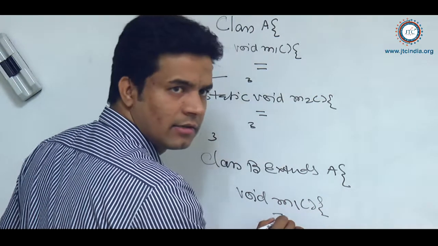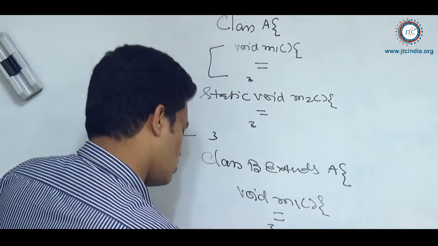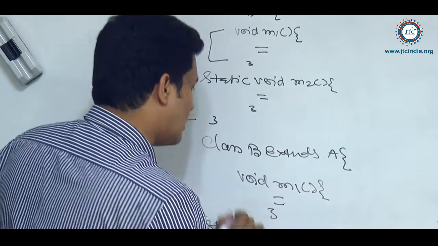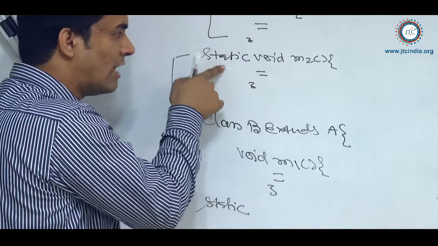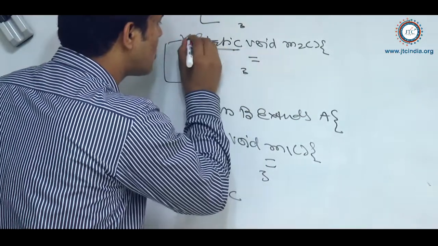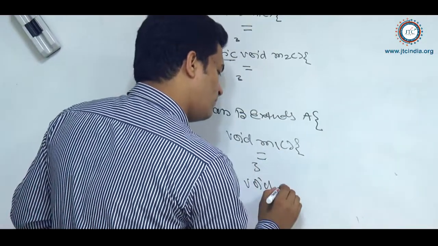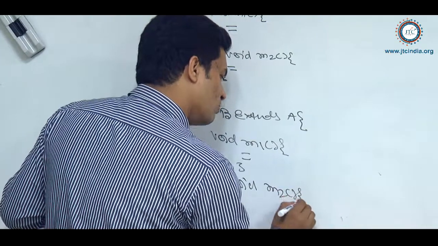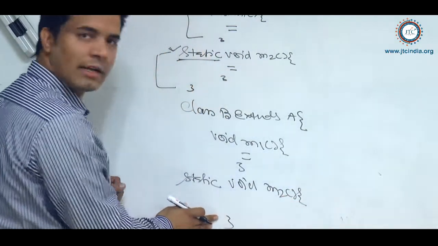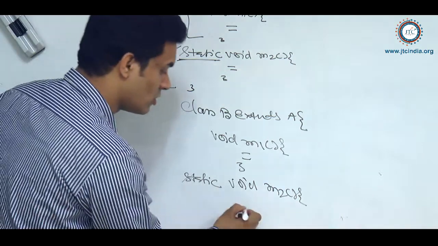Here also, if it is a static method and you want to write the same method inside the subclass, you have to write static also, with the same signature. So I am writing static void M2 method here, and this is also available.